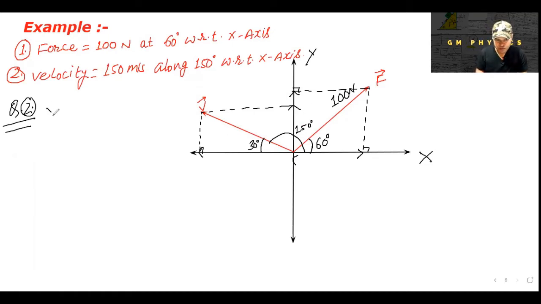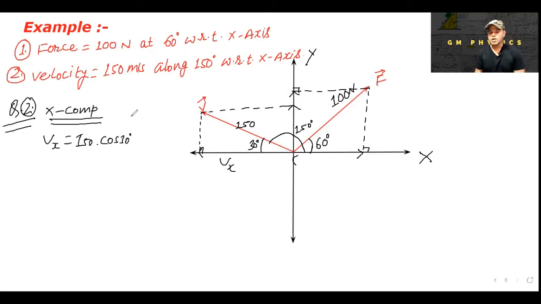So first of all, I'm going to find the x component of the v vector, and let's call it Vx, right? The magnitude of the vector is 150 meters per second. So Vx is equal to 150 into cos 30.